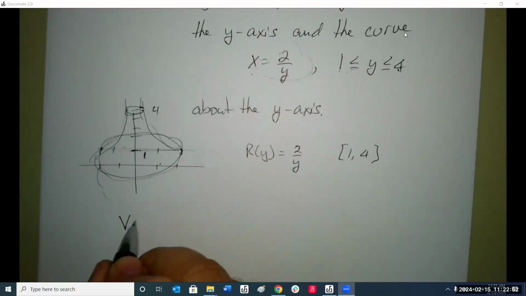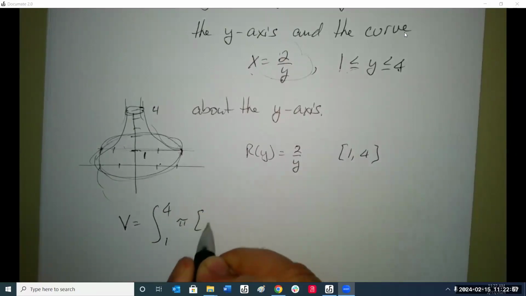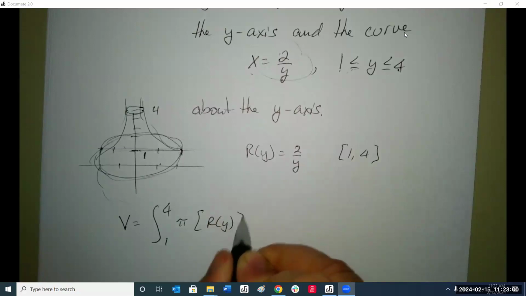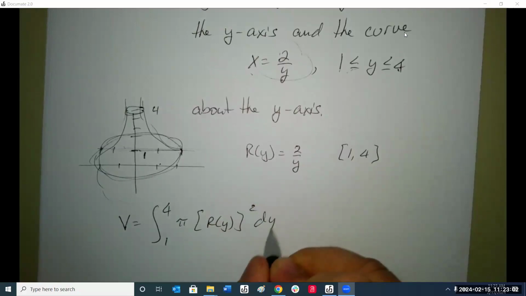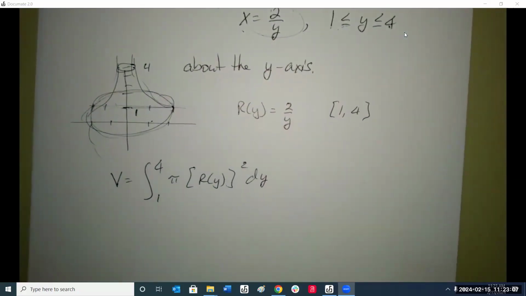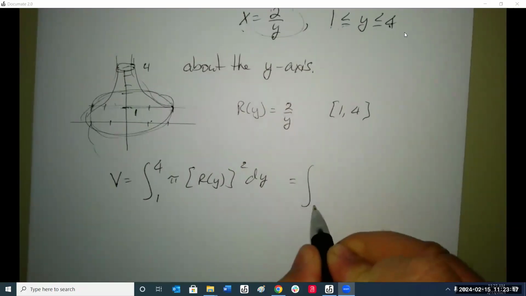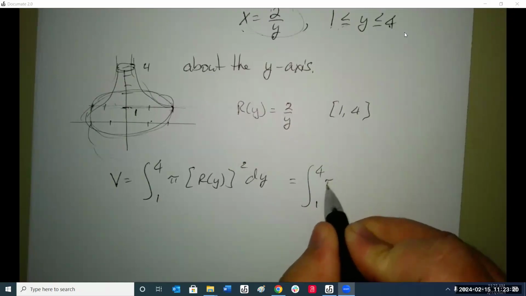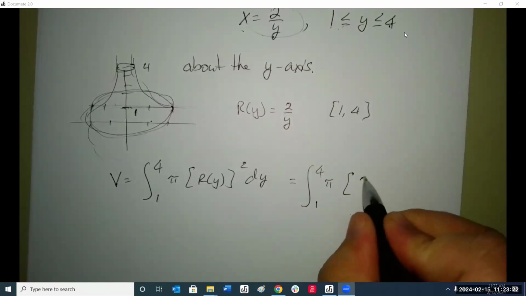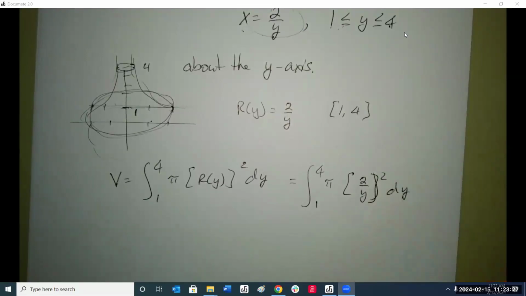All right, so the volume equals the integral from 1 to 4 of pi r of y squared dy. So let's see what we have here. It's 2 over y squared dy.